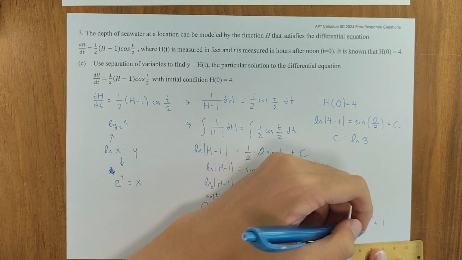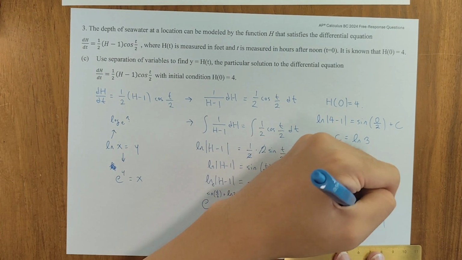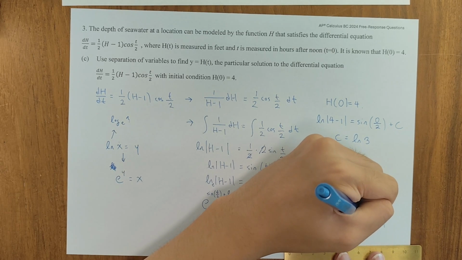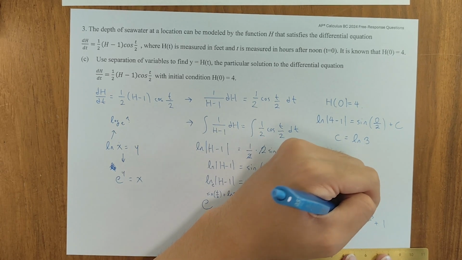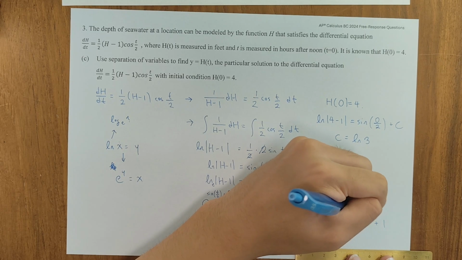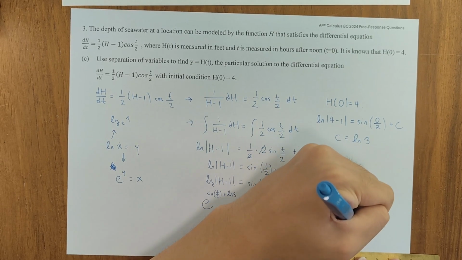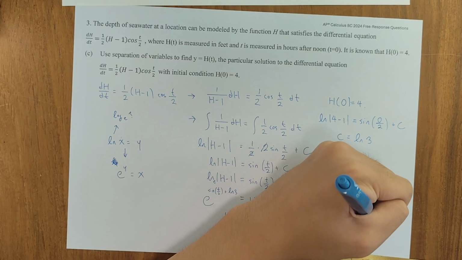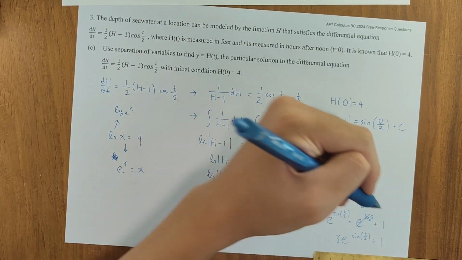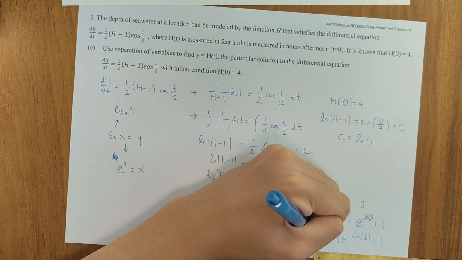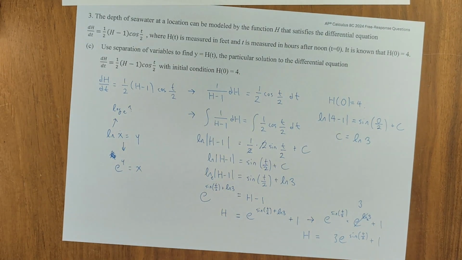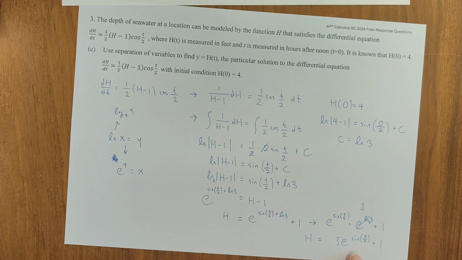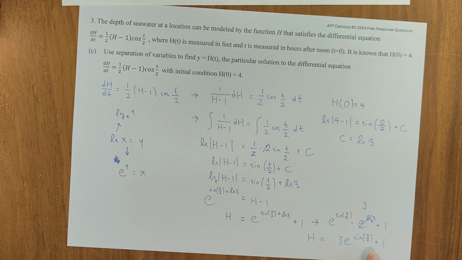And e to the natural log 3 is just equal to 3. So it becomes 3 times e to the sine t over 2 power plus 1. Okay, so h equals 3 times e to the sine t over 2 power plus 1. And we have solved for h.